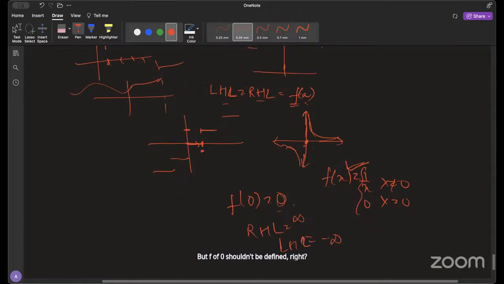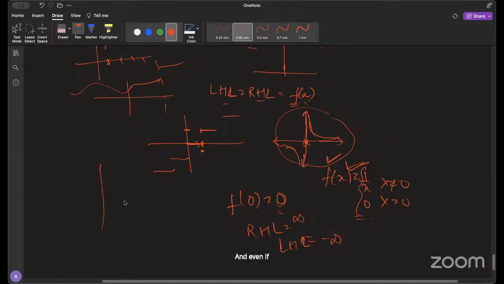It's not defined according to 1 by x, but we've defined it this way. This is a function, right? You can define the function on your own too. I've defined the function to be 0 at x equals 0. 1 by x is not defined at 0, but I have defined it to be 0. This is not 1 by x. This whole function is not 1 by x.